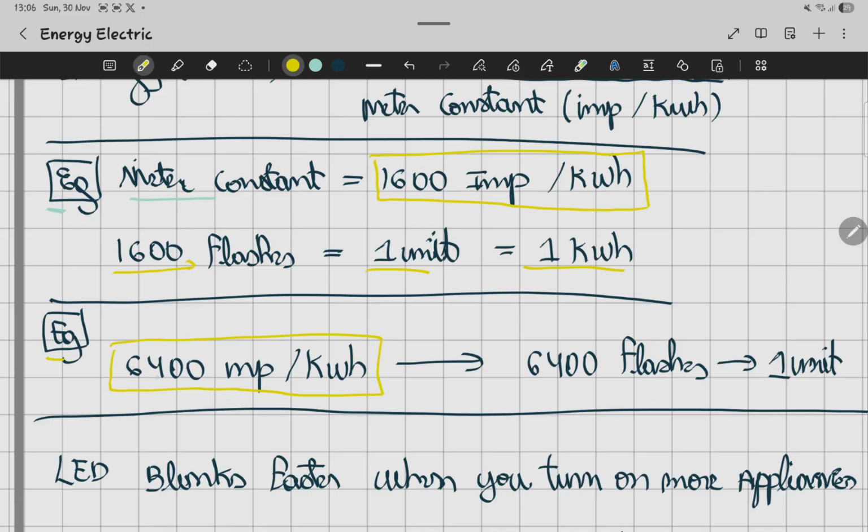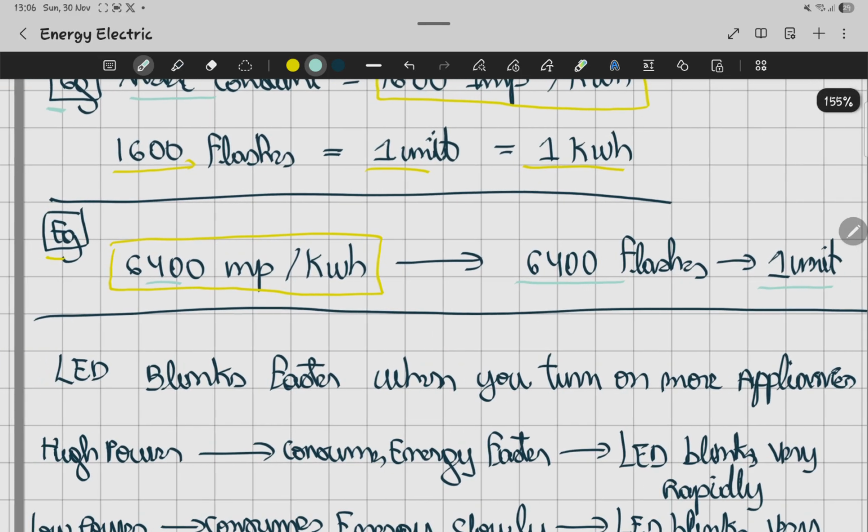If we have this number, that means we're going to have 6400 flashes. So that's the number of flashes the LED makes for us to reach 1 unit, and we know 1 unit equals 1 kilowatt hour. This is just to give you an idea.